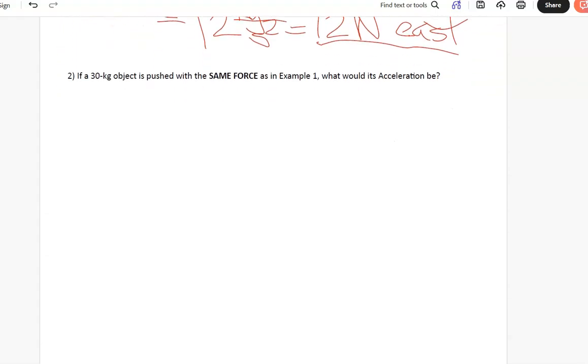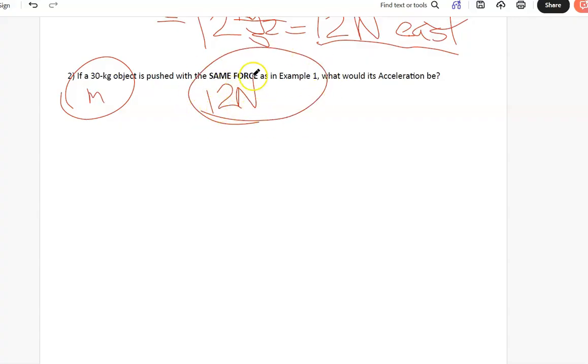Looking at number 2, a 30 kilogram object. Oh, it's kilograms. We know right away that's our mass. Pushed with the same force as in example 1, where our same force is a 12 newton force to the east. What would the acceleration be?